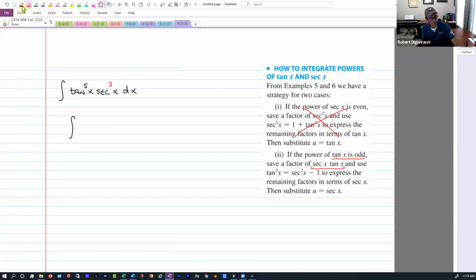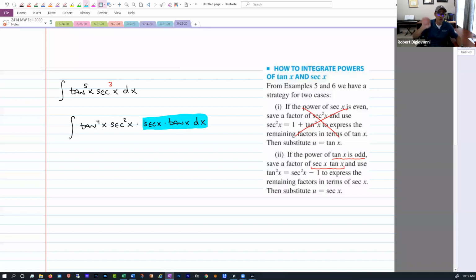So let's peel off a secant and a tangent. So we rewrite tangent, I'm peeling one off, so I have tangent to the fourth. I have secant cubed, I'm going to peel one of the secants off, and I'll put that over here on the side. Here's the secant I peeled, here's the tangent that I peeled, and then the dx. Now this secant x tangent x dx, that's the du, right?